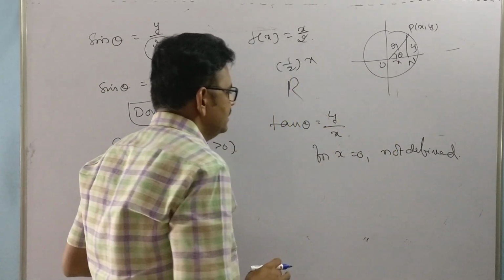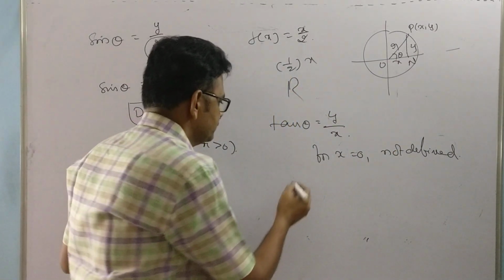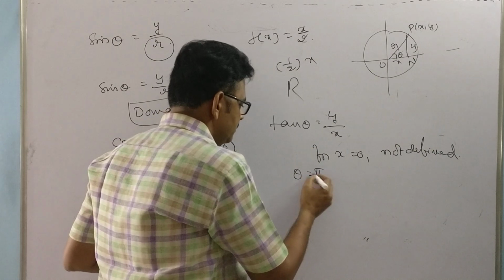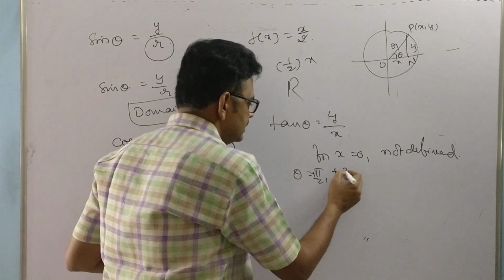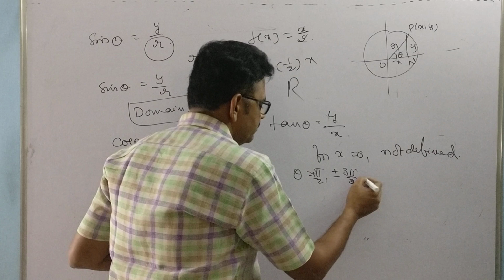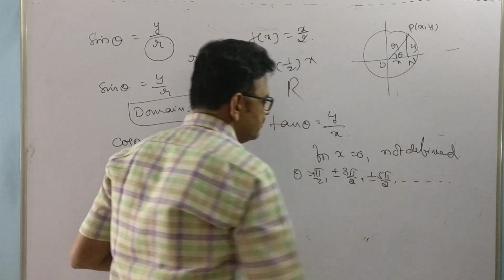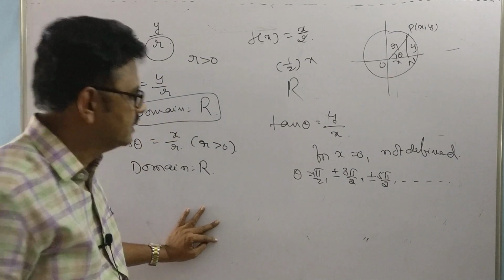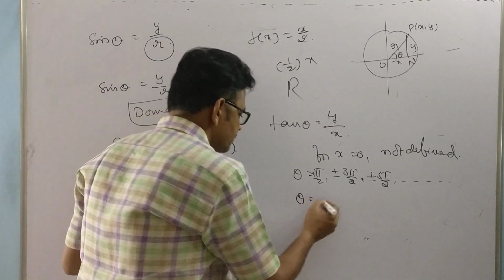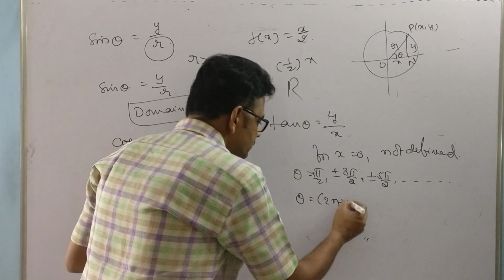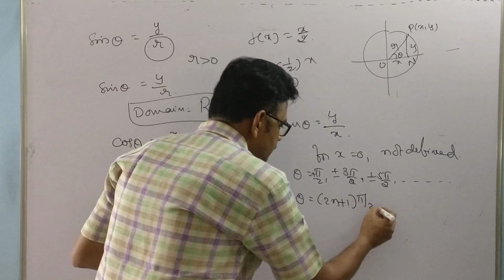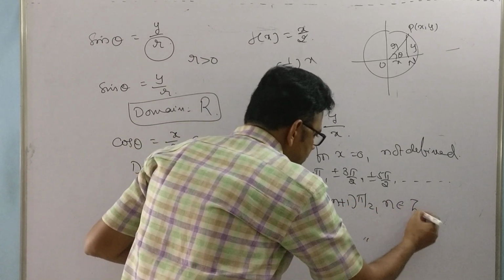When is it undefined? For theta equal to plus or minus pi by 2, plus or minus 3 pi by 2, plus or minus 5 pi by 2. For these values, it is not defined. That is, for theta equal to (2n plus 1) into pi by 2, where n belongs to Z.